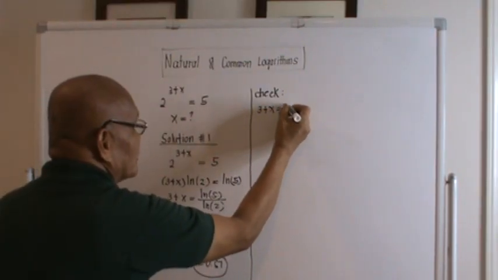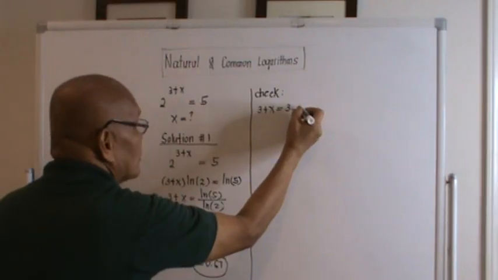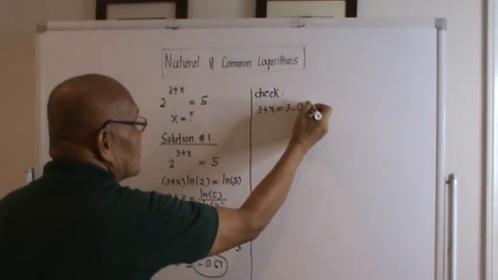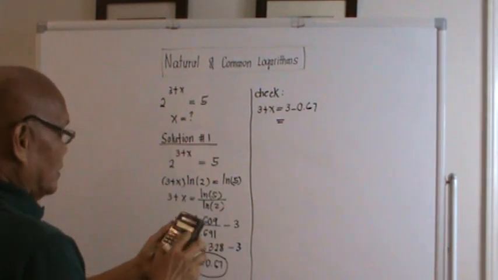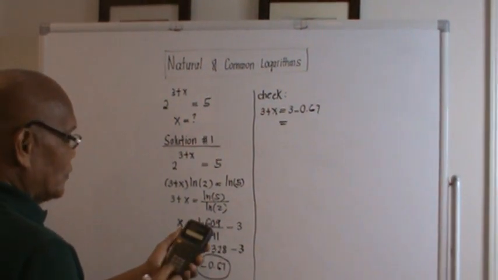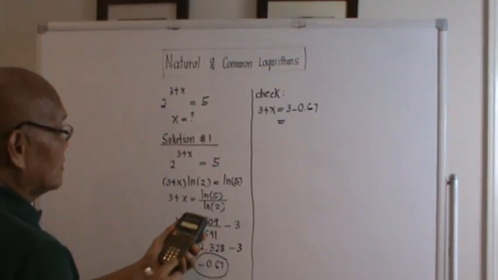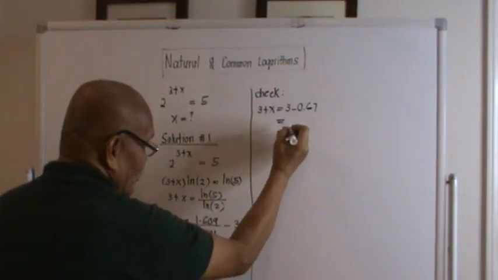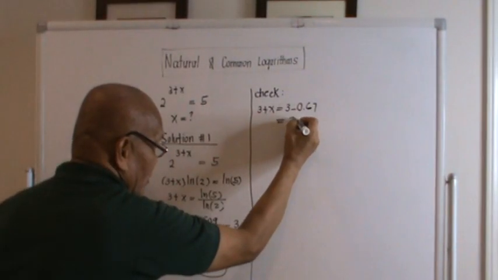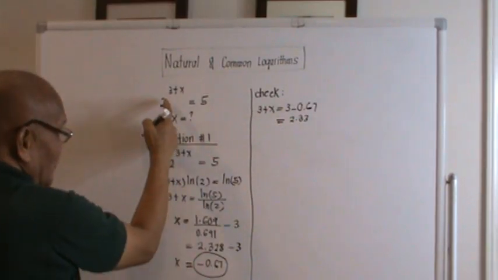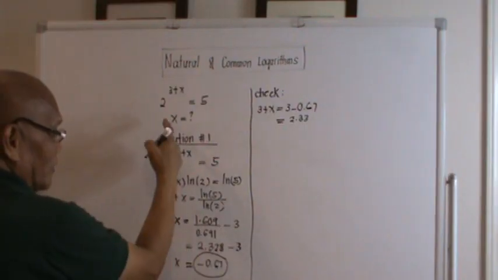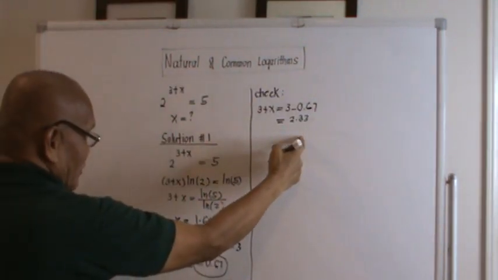So this will be 3 minus 0.67, and that will be 2.33. So the value 3 plus x on the given equation will be 2.33.